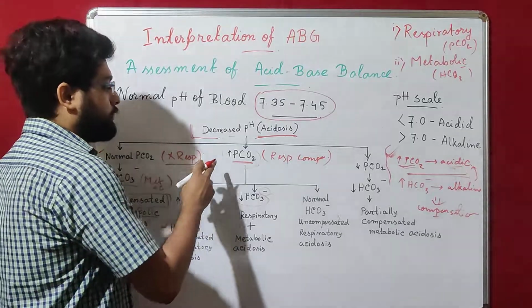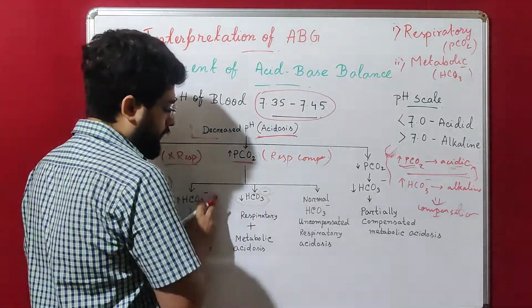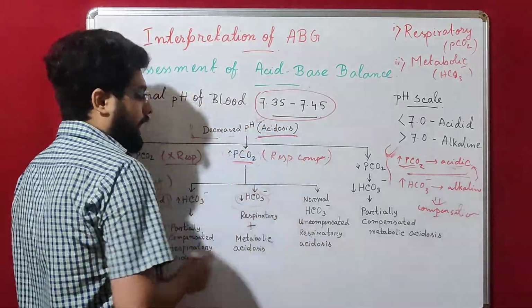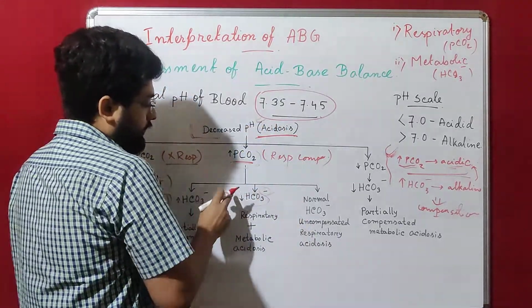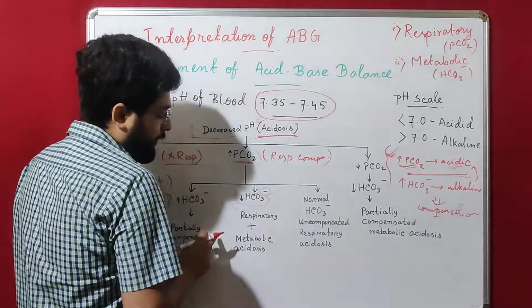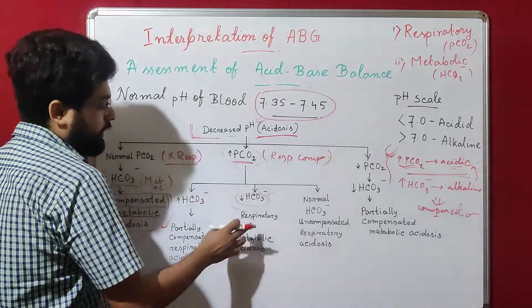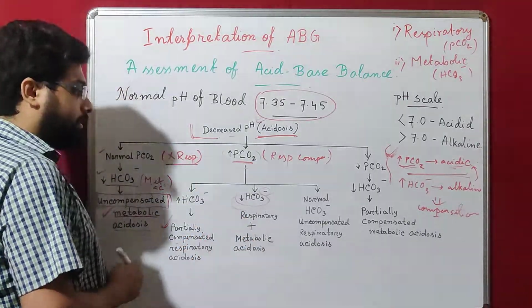That means both the respiratory component and the metabolic component are present, which is causing the acidosis. In this case, we will say this to be respiratory and metabolic acidosis.